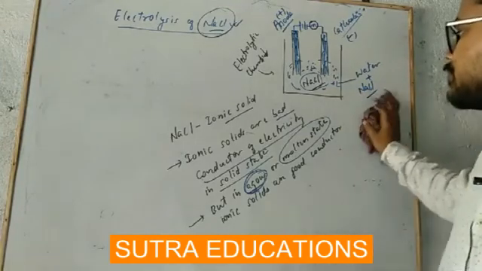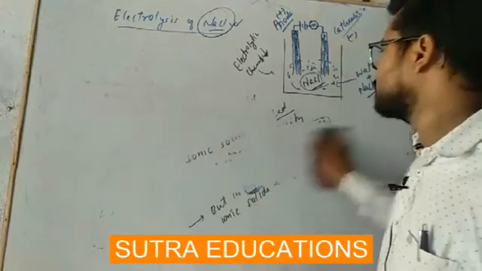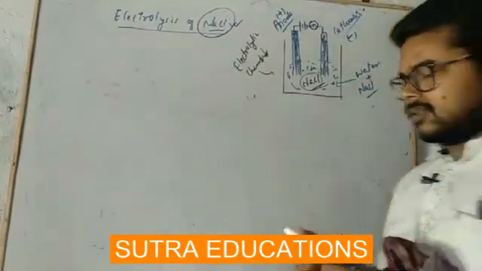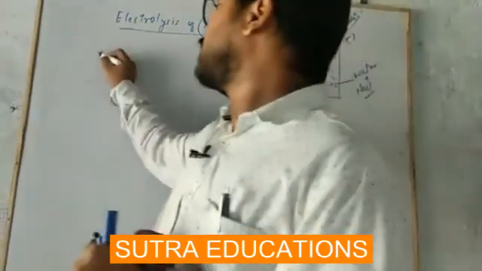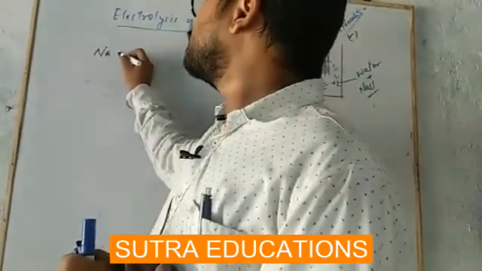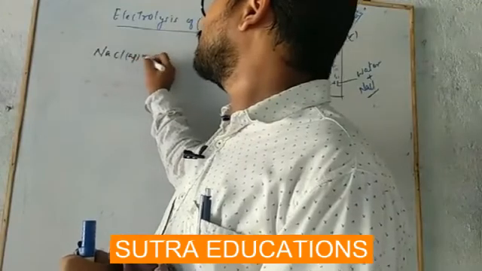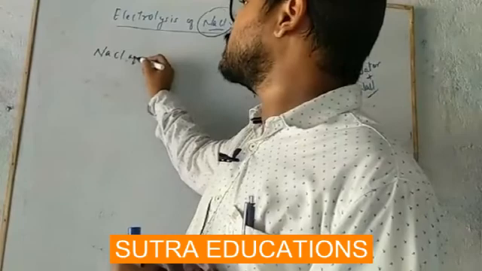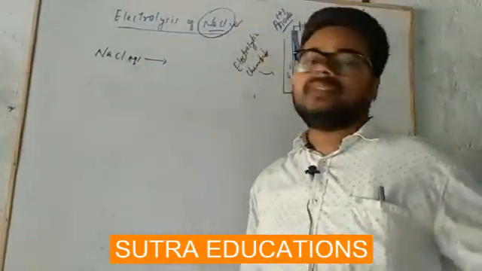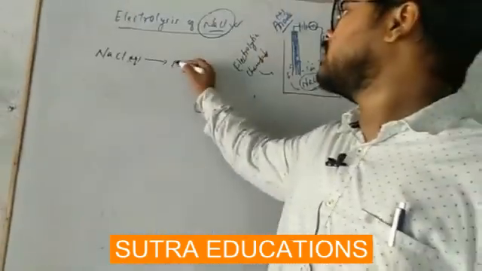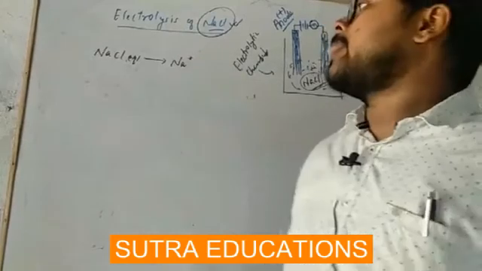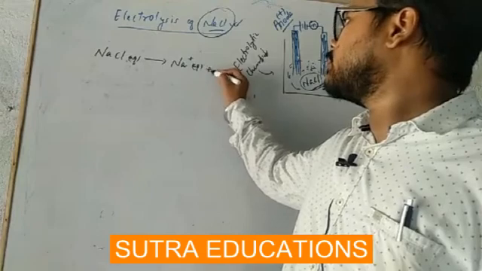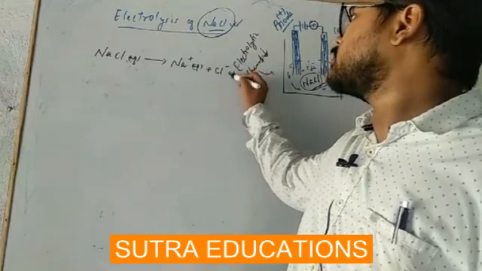Now this NaCl will ionize. This is written aqueous because water is mixed with this. So NaCl will be ionized into Na plus aqueous plus Cl minus aqueous.